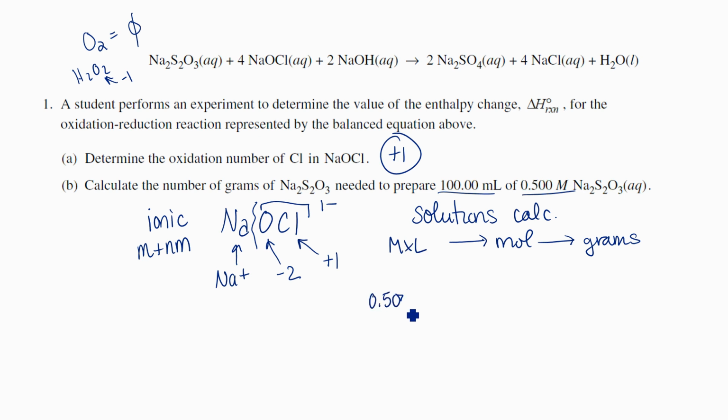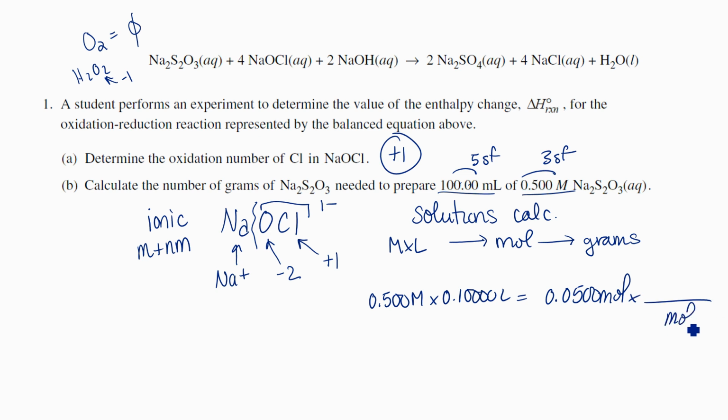So it's 0.5 molar times my volume, which technically has 5 sig figs in it. This number has 3 sig figs in it, so my answer is going to have 3 sig figs, so 0.05 moles. And that's step 1. Then I'm going to take my moles and convert it to grams using the molar mass of sodium thiosulfate.